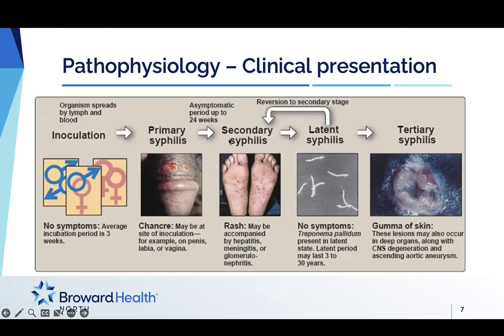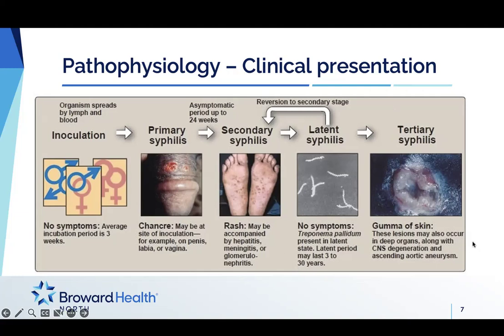You see it physically, but then people can have, and we're going to speak about this in more detail, an asymptomatic period, then secondary syphilis, then it stays latent in your body if it is not treated during these other stages, and it can come back basically, like a reversion of the stage. And this over time can lead, after many years, to tertiary syphilis.